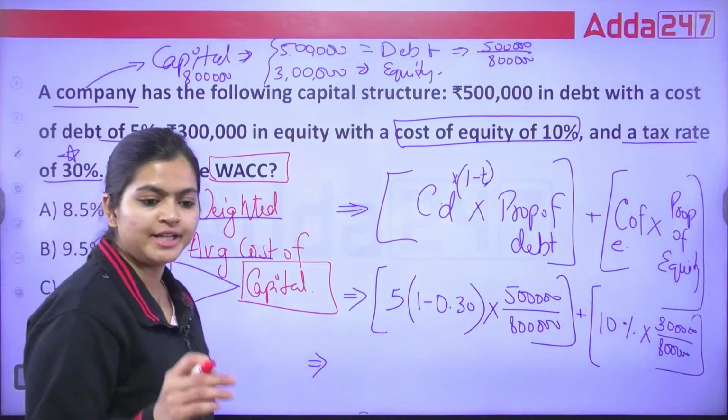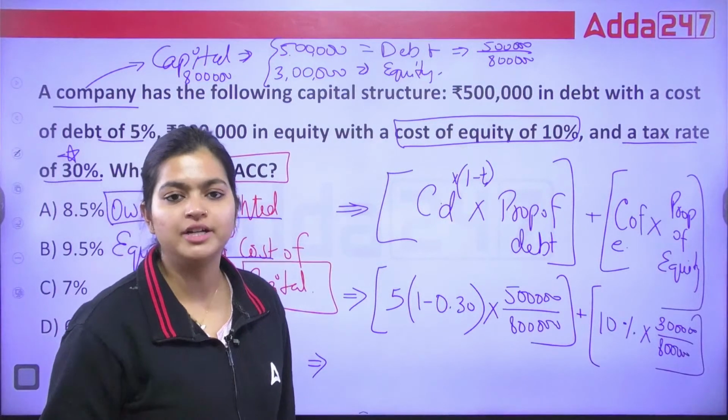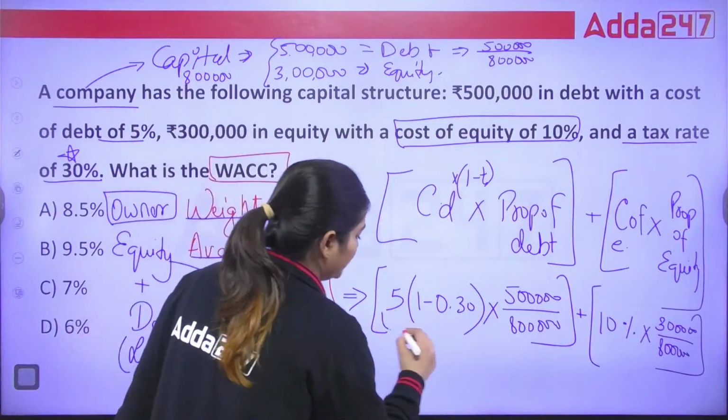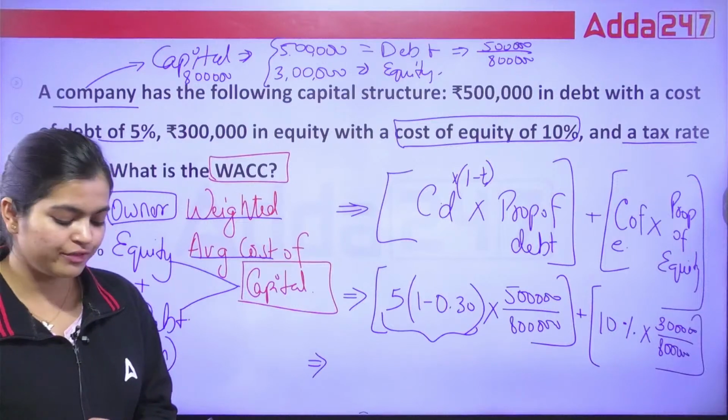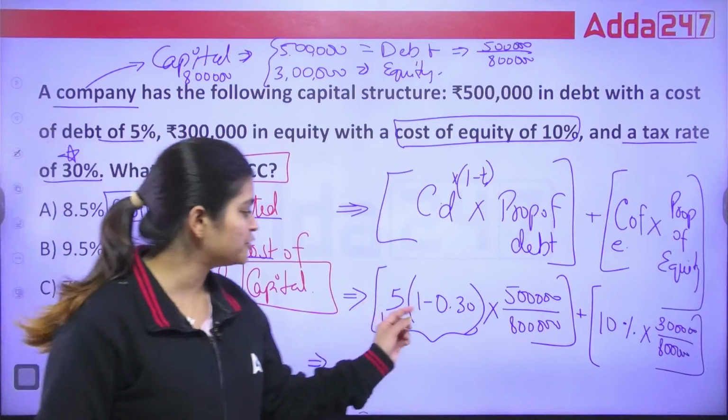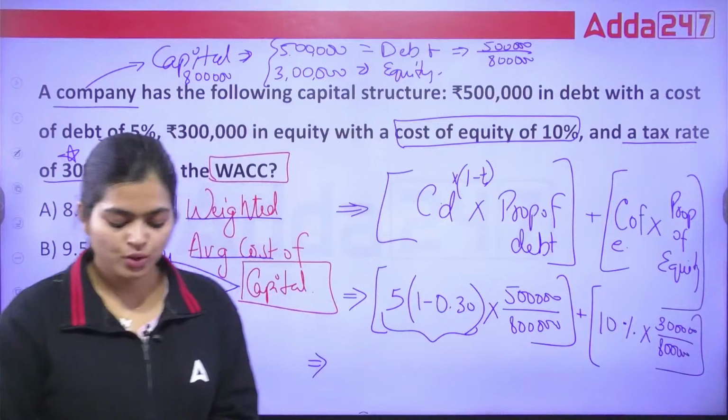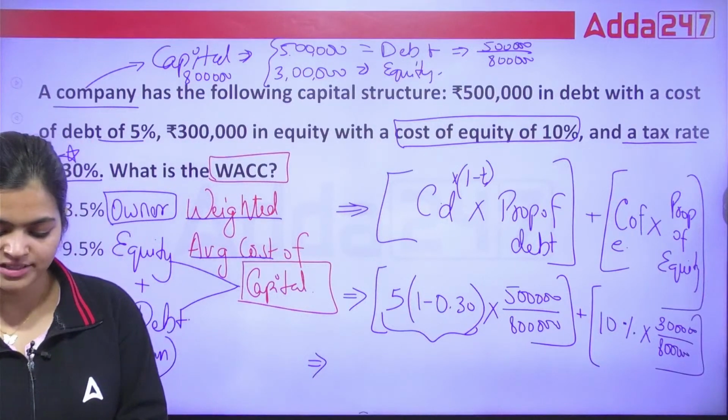What is the interest rate after tax deduction? For that, you need to solve this part. So the amount will be 5 into 0.7, since 1 minus 0.3 is 0.7. So if you do 5 into 0.7, what is the answer?